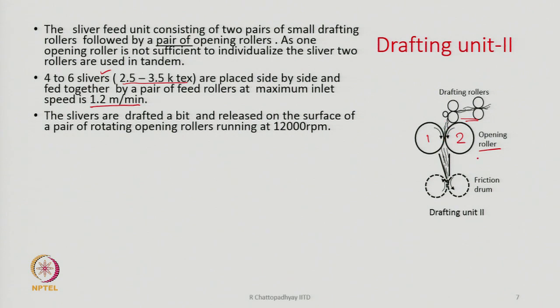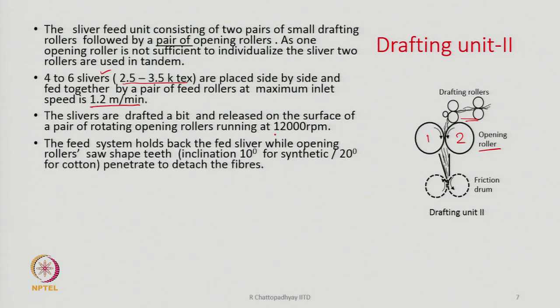Opening rollers have their own teeth, and the way a sliver is opened in rotor spinning, exactly the same way it is done here. The only difference is that one roller is not sufficient to individualize the fibers, and therefore we have two opening rollers, and the opening roller speeds are very high, 12,000 RPM.